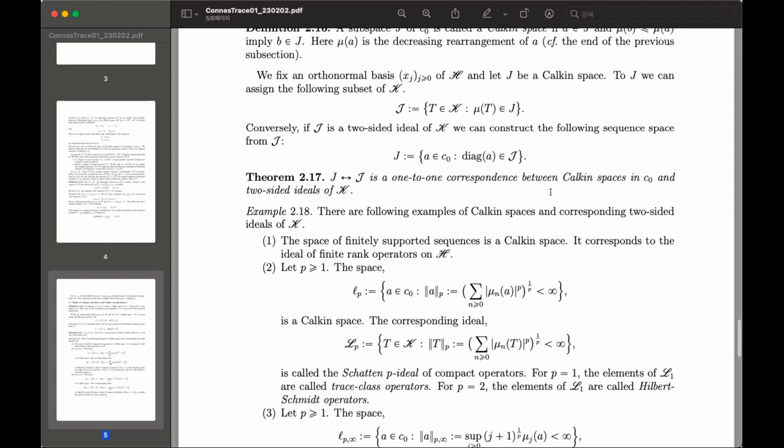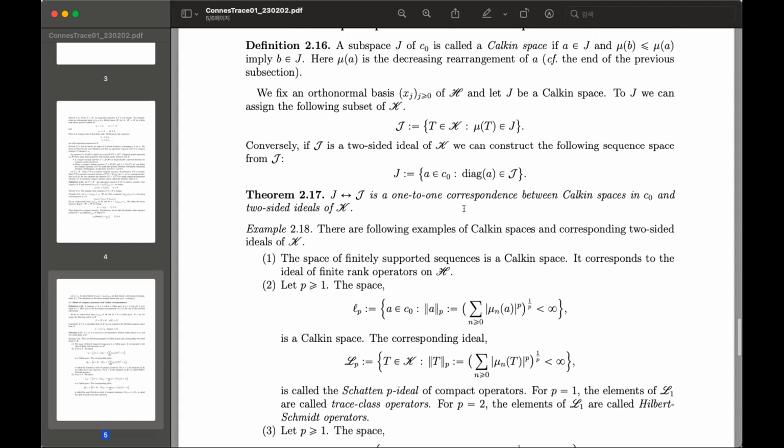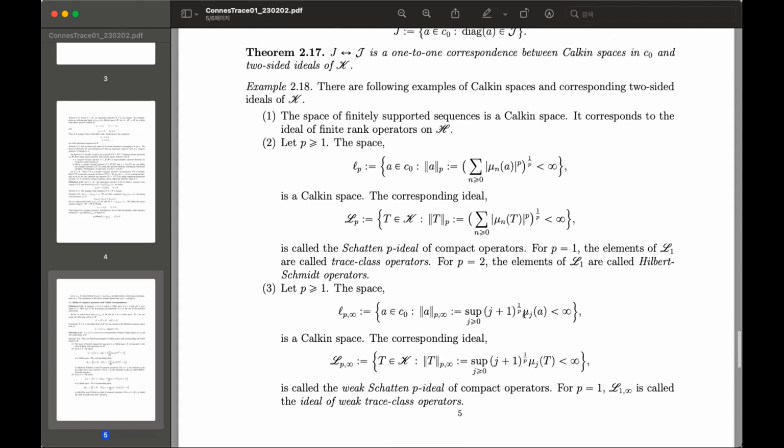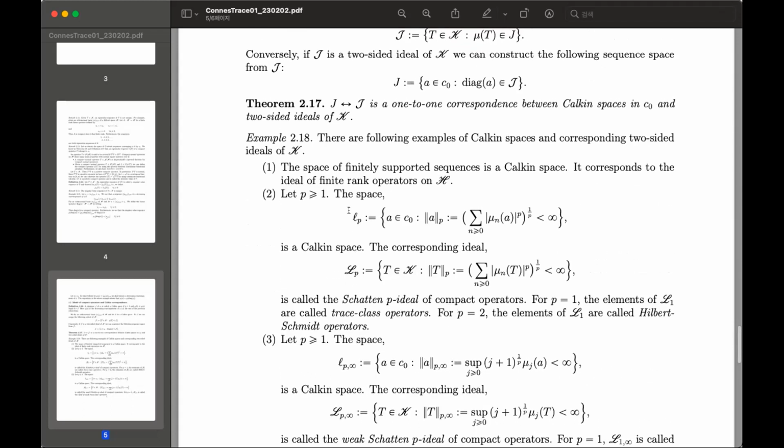So the idea of this Calkin correspondence is to give a one-to-one correspondence between the summability property or the decaying property, to classify the linear operator.